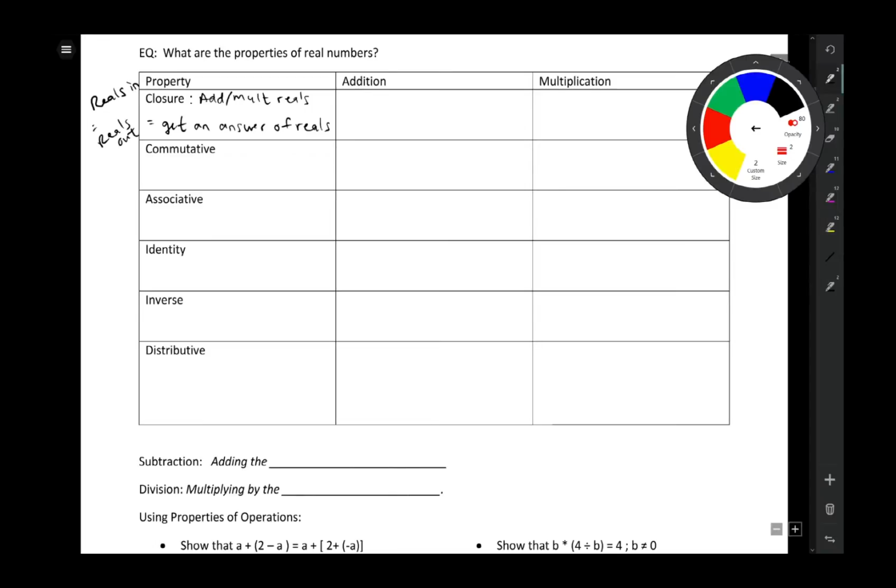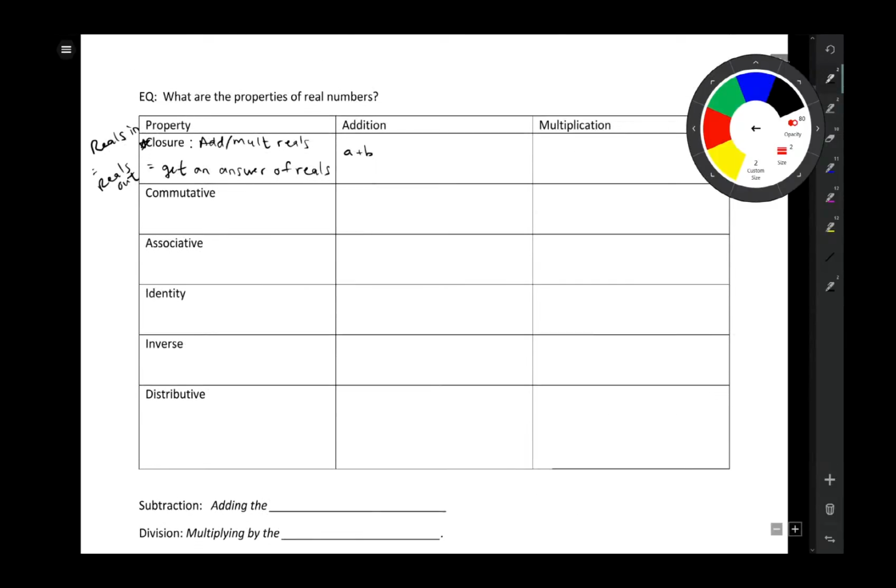We don't really see this too much, so don't worry very much about how to represent it, because it's kind of easy. It just means that a plus b is a real number, for a and b real.